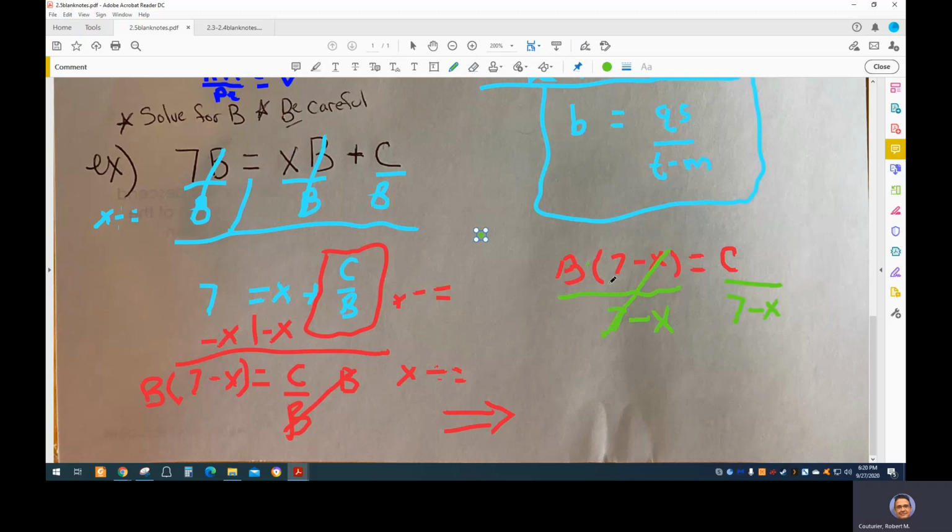Okay, these will cancel, and it leaves me with just that capital B. And then this entire thing, nothing can be done to it, so we carry it down. C divided by 7 minus x. So B equals C divided by 7 minus x.